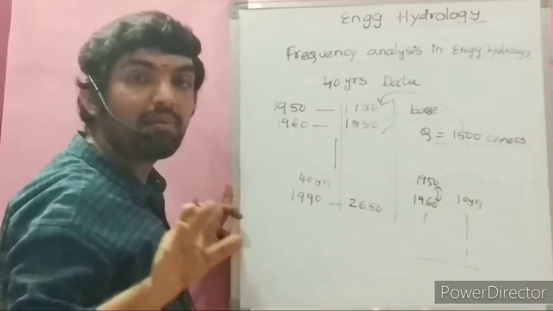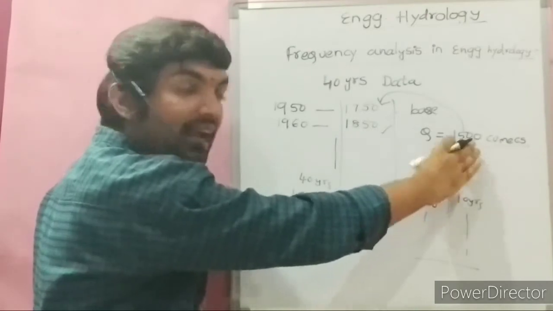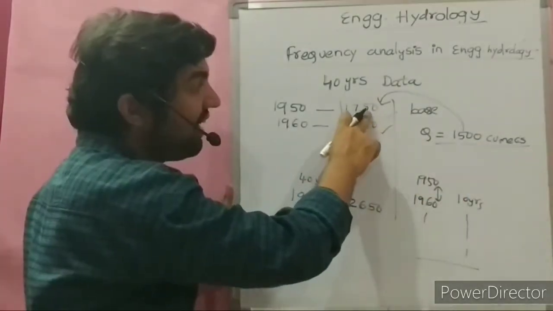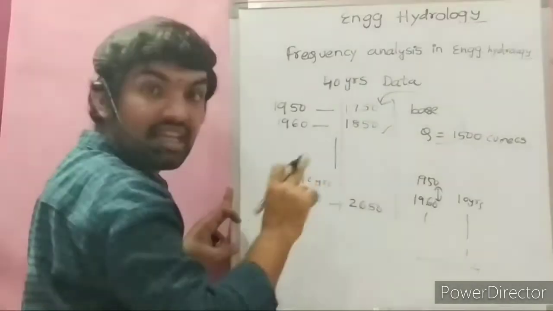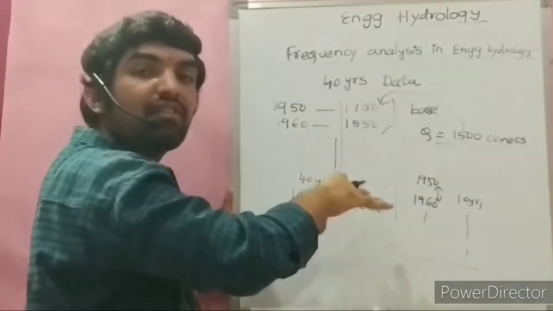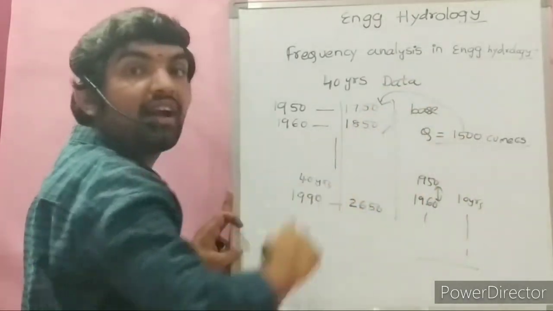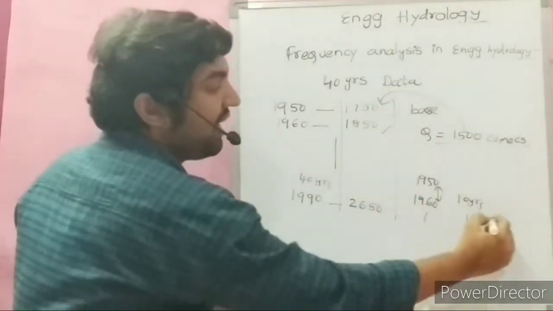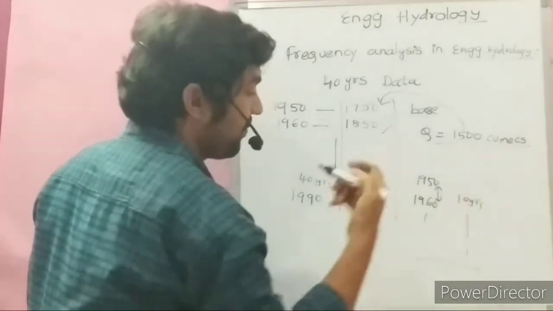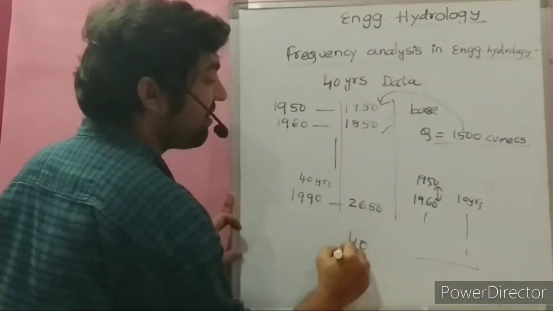In the given problem, what you have to do? You have to select one base value and check whether the discharge is equaling or exceeding it for a given station. In these 40 years, how many years has the flood of magnitude 1500 equaled or exceeded 1500? So 40 divided by how many years the flood has equaled or exceeded.